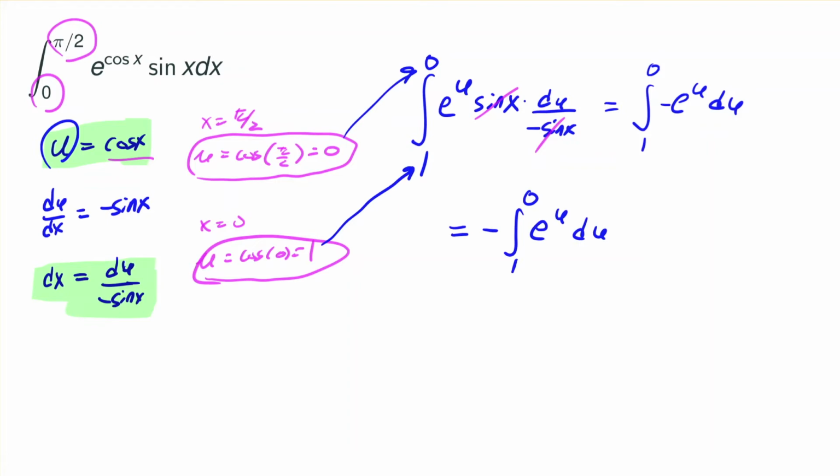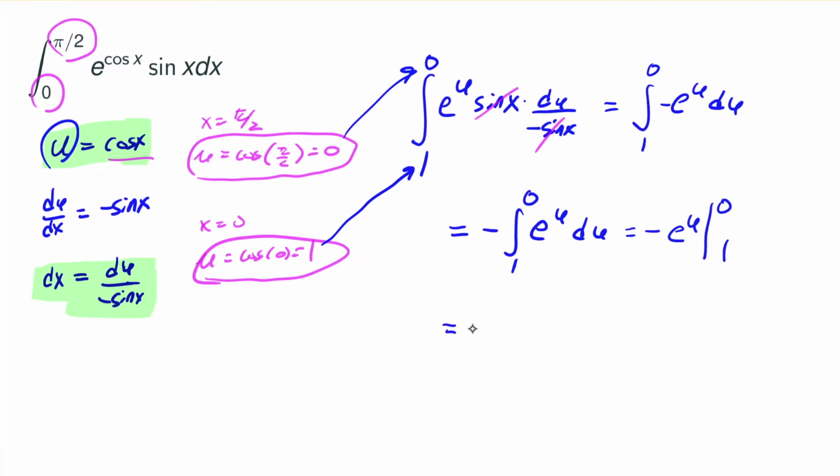So we're taking a definite integral. So for this one, we don't need to write plus c. You know what, let me actually write the antiderivative first. It's e to the u from 0 to 1, because the antiderivative of e to the u is just e to the u, right?